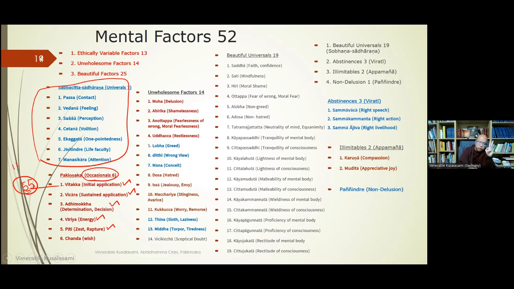That's why Piti can also join. How about Chanda? Chanda is excluded from all 18 rootless consciousness and the 2 delusion-rooted consciousness. These 20 are excluded already. So you cannot combine Chanda with the 18 rootless consciousness.